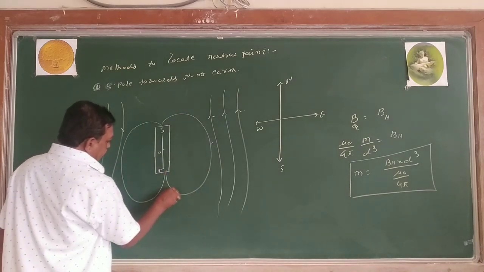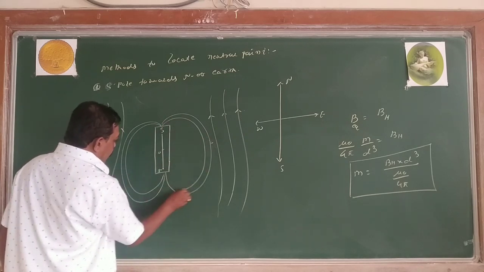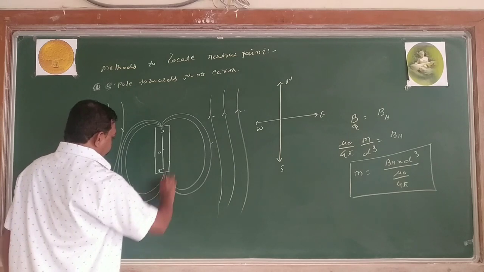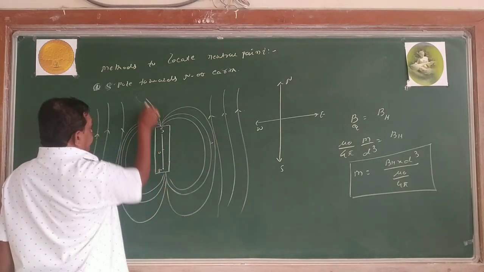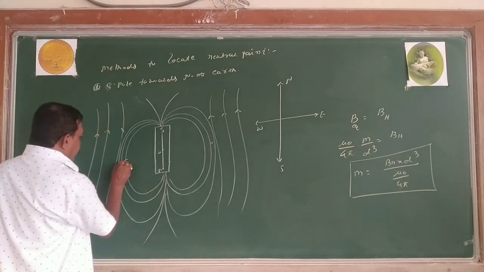The magnetic lines of force originate from north and terminate on south.